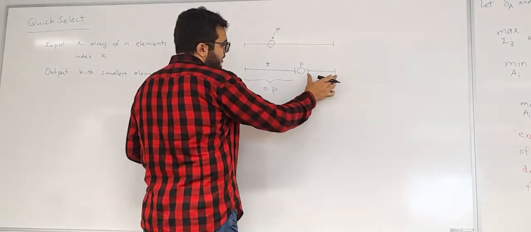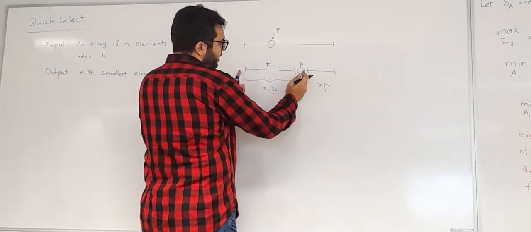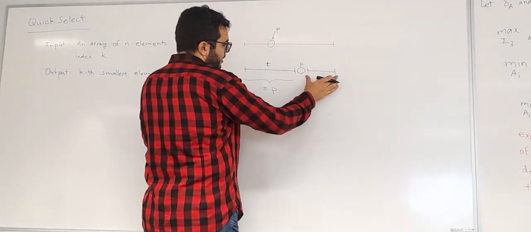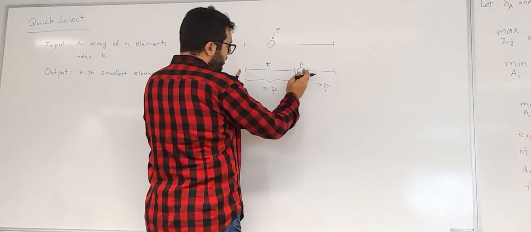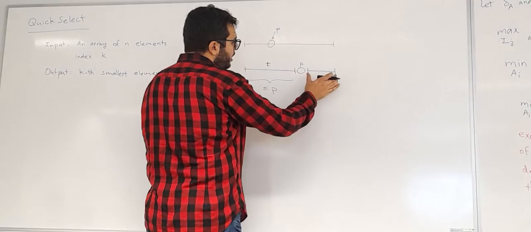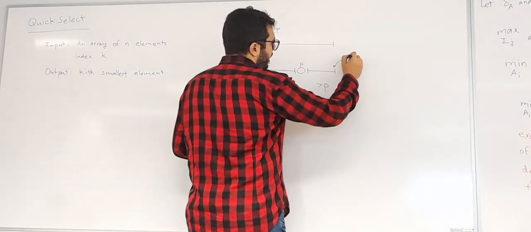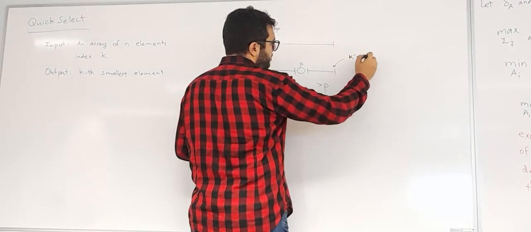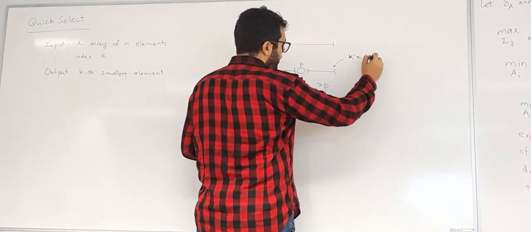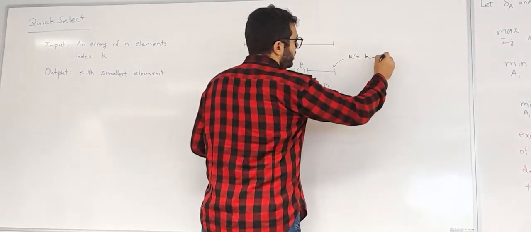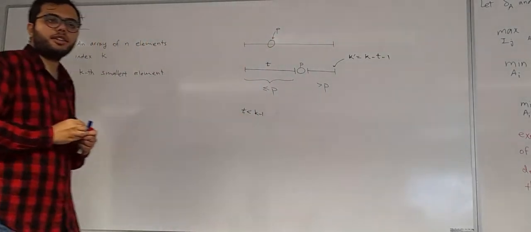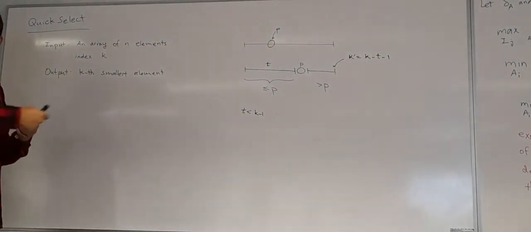But what is the index of the k-th element here? Well, we have t plus 1 elements that are smaller than everything here. So I can just search in this array for the element with index k prime, which is k minus t minus 1. Okay, so I just have to change my index and then search it.